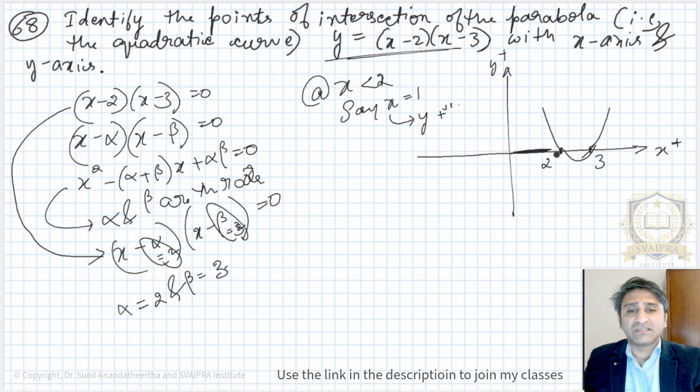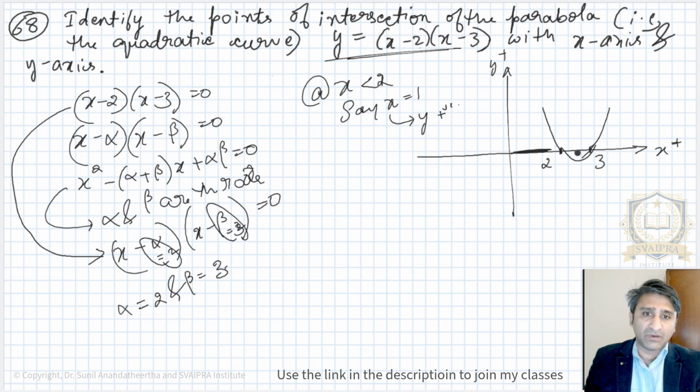Because we have already found out what is happening here, there's no need to find out what happens after 3, because obviously it has to be a parabola. It cannot go like that, because then it can never be a parabola. So we respect these definitions and go ahead. We have found the points of intersection with the x-axis: (2, 0) and (3, 0).